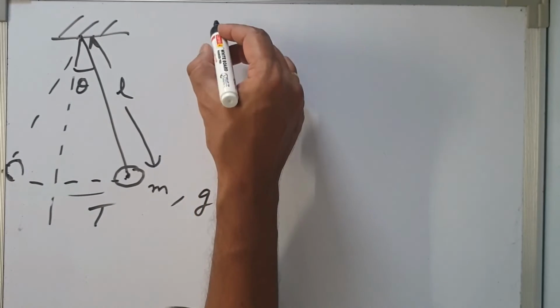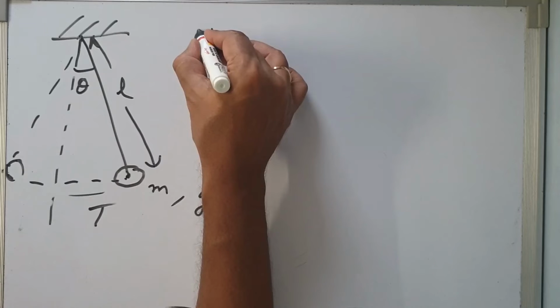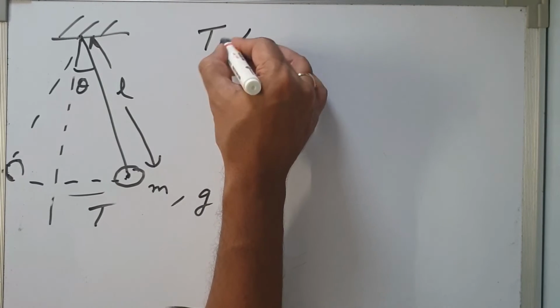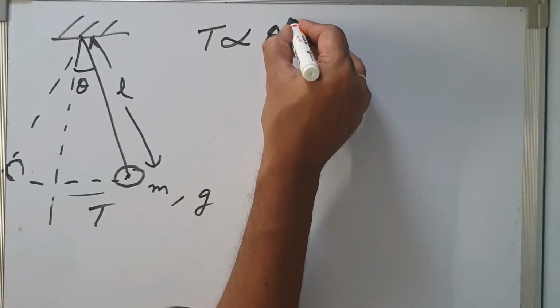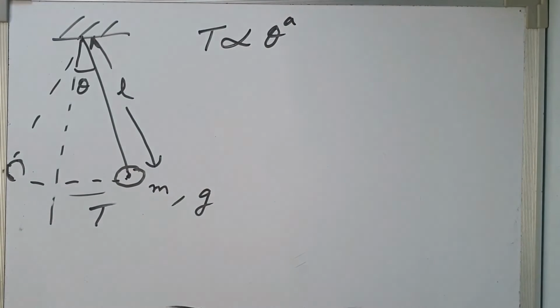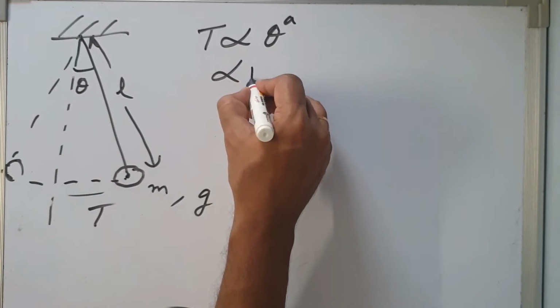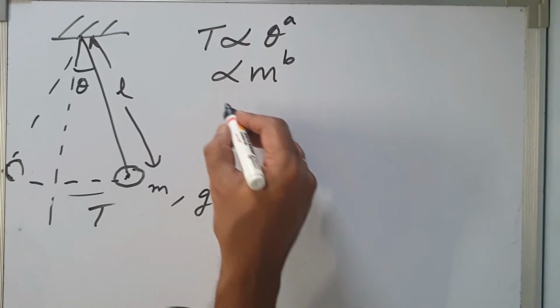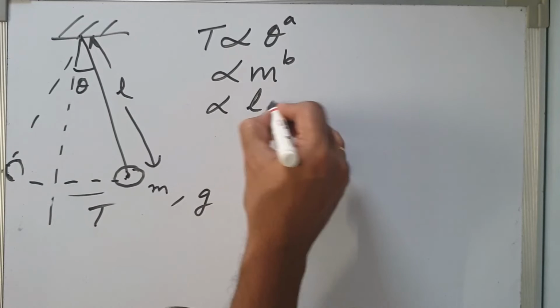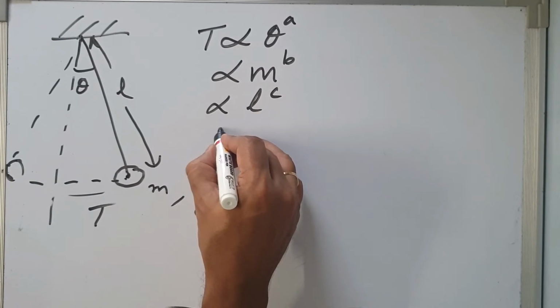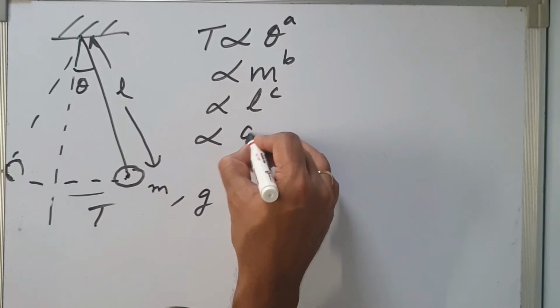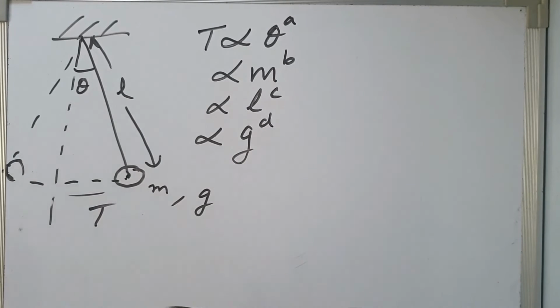Now, let us assume that T depends on theta as T is proportional to theta to the power of a. a can be any value. It depends on mass to the power of b, depends on length to the power of c, directly proportional to g to the power of d.